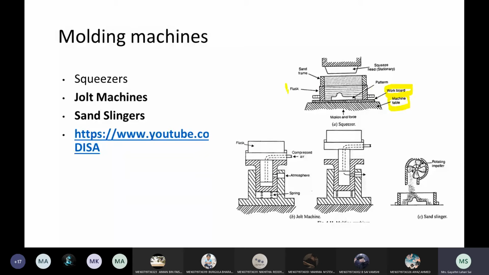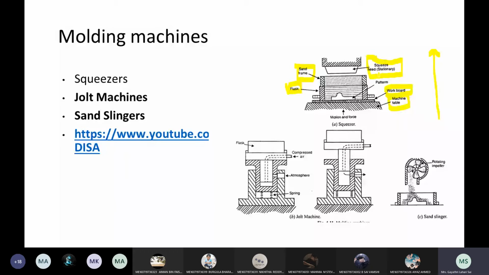On the pattern there will be a flask. Onto the flask there will be a sand frame. Onto the sand frame there will be a squeeze head. We have to study it from bottom to top: machine table, workboard, flask, sand frame, and squeeze head.